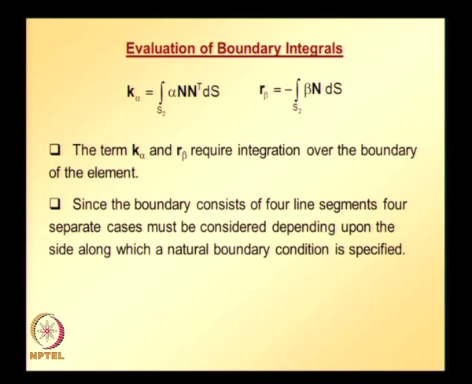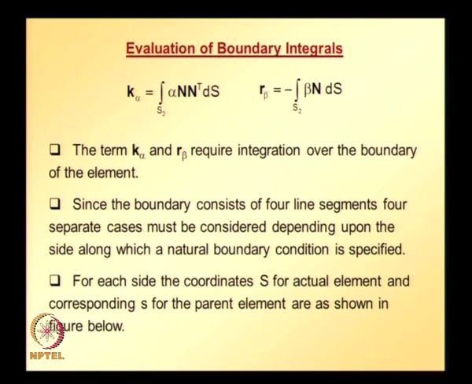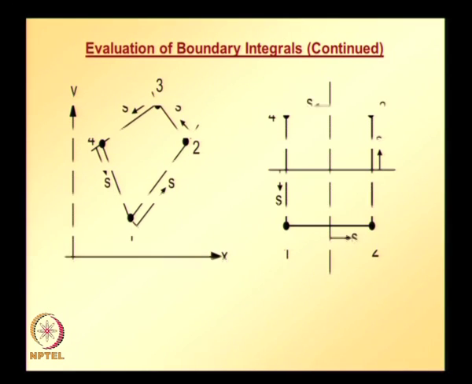For each side, the coordinates s for the actual element and the corresponding coordinates s for the parent element are shown, and the coordinate for the actual element along each side is denoted with capital S, and for the parent element it is denoted by small s, and it is shown in the figure here.